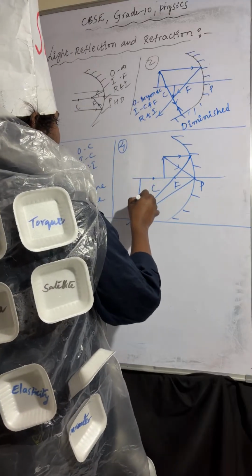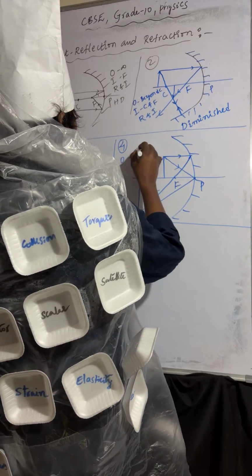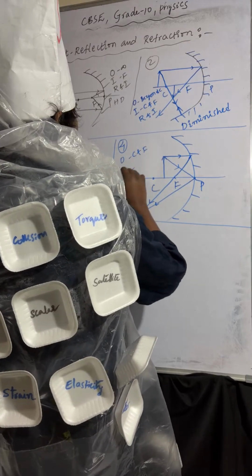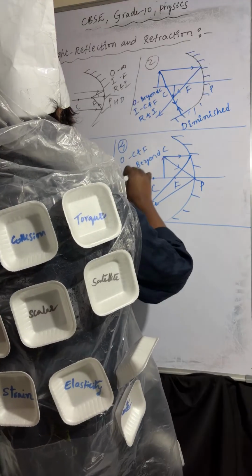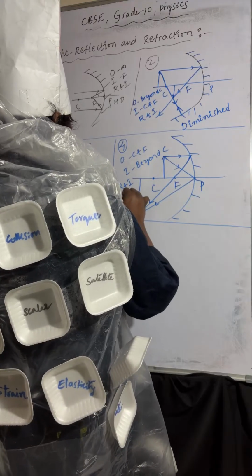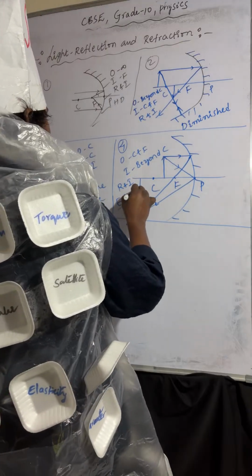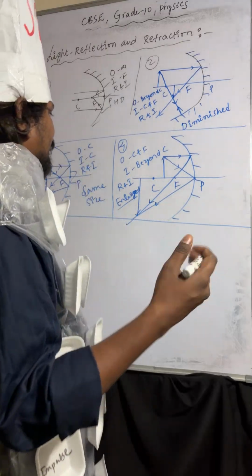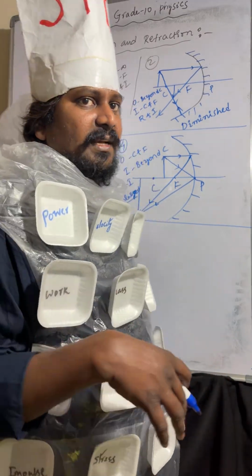Those light rays will meet here. So object is placed between C and F, image will form beyond C. Nature of the image is real and inverted. Size of the image is enlarged. Compared to the object, image size is increased.